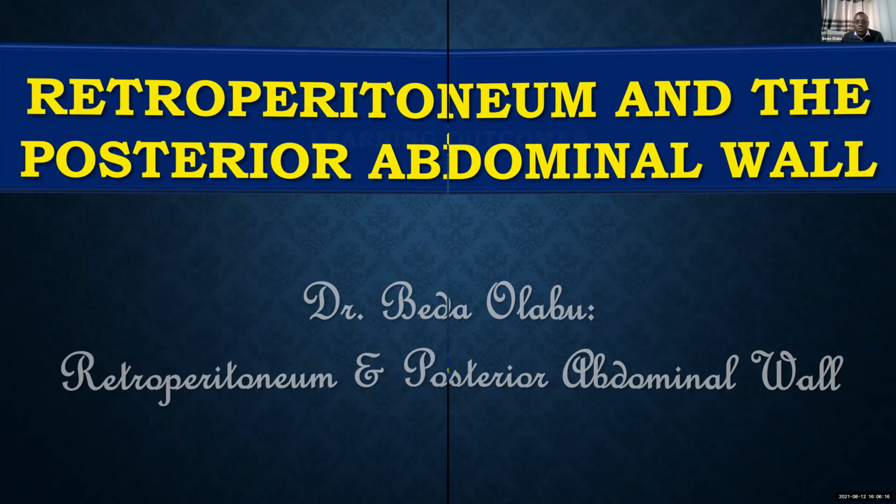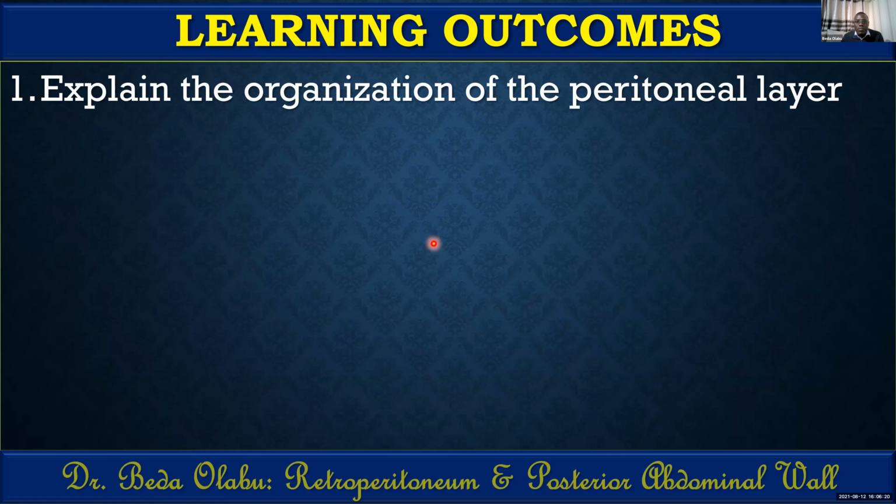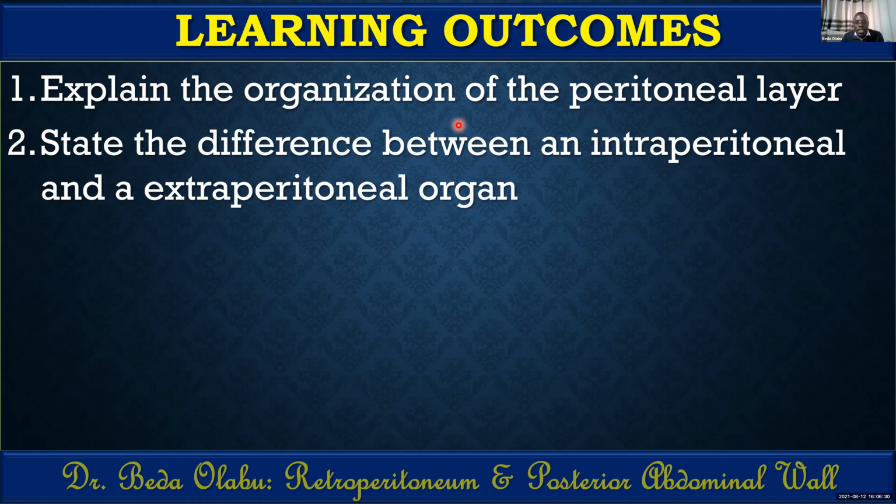we are going to focus on a number of things. The first one will be to explain the organization of the peritoneal layer, the organization of the peritoneum. After we've done that, then we are going to state the difference between an intraperitoneal organ and an extraperitoneal organ.